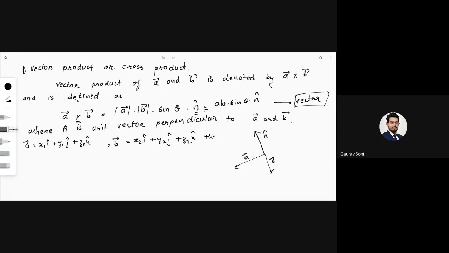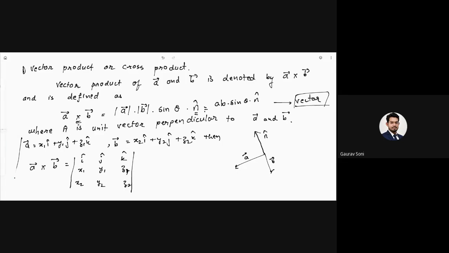Then A bar cross B bar will be given by the determinant with rows i, j, k; x1, y1, z1; x2, y2, z2.